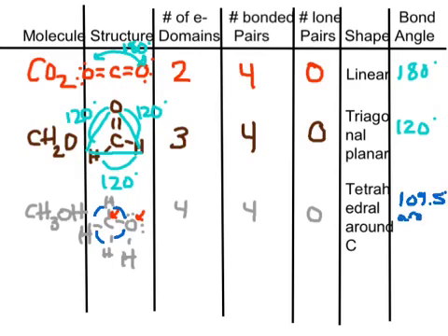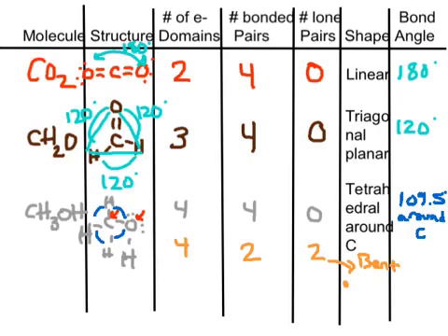Now if we take a look at oxygen as our other central atom, again, he's got 4 electron domains because he's got 2 bonded pairs and 2 lone pairs. So what that means is that around oxygen we have a bent shape.